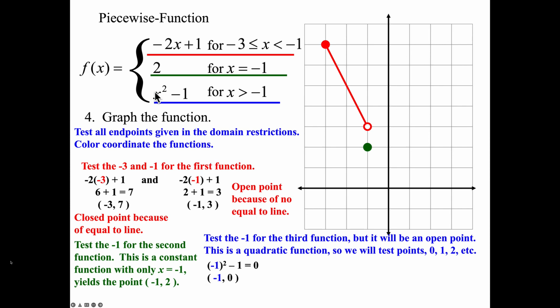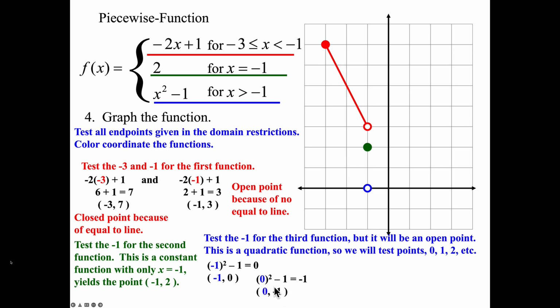So we plug in the -1, we square it, that's +1, -1 is 0. Okay, first point's at -1, 0, right here. But again, open circle because of no equal to line at the -1. Now, test 0. Put 0 in for x squared, that's 0, -1, -1.